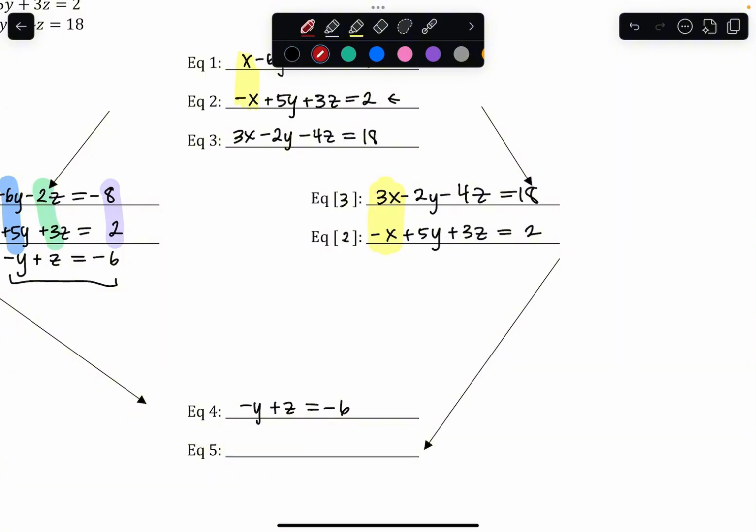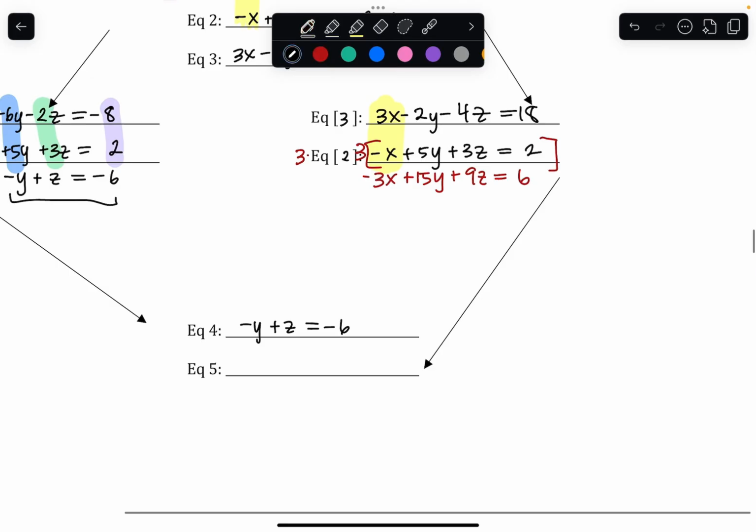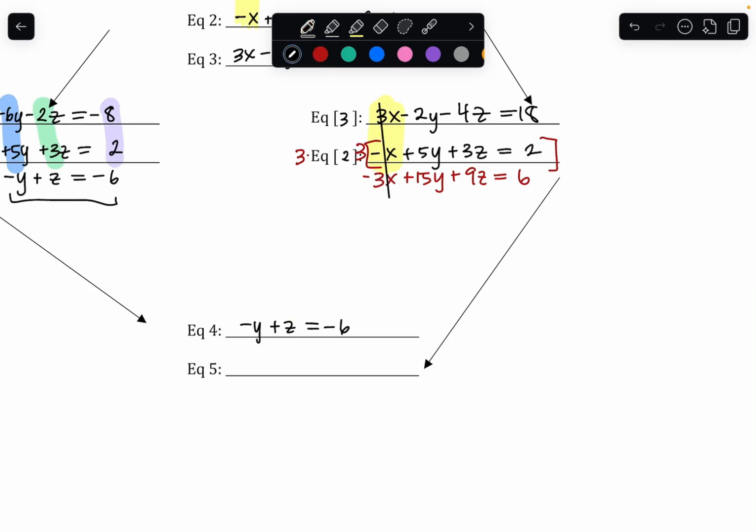Okay, and so we need to multiply this bottom equation by 3. And so that would give me negative 3x plus 15y plus 9z equals 6. And so now when we add that to equation 3, the x's cancel.